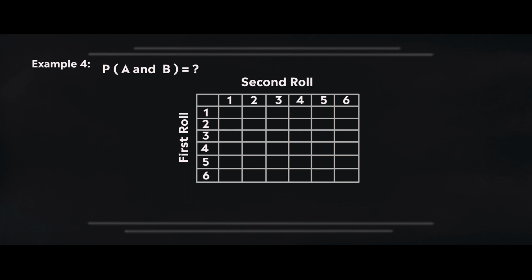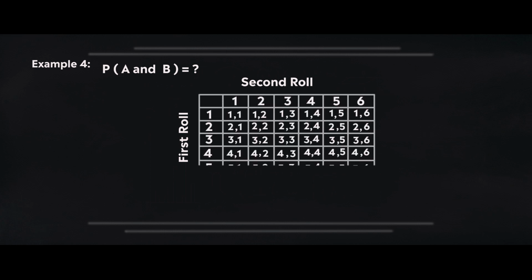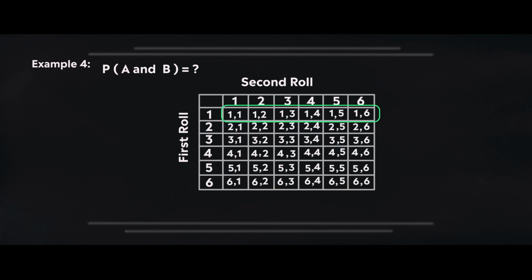The possible outcomes are 1,1; 1,2; 1,3; 1,4; 1,5; 1,6. And the second row would be 2,1; 2,2; 2,3; 2,4; 2,5; 2,6, and you can fill up the rest of the boxes in the same manner.